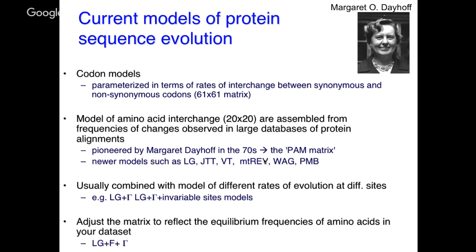And then finally, the matrix is often adjusted to the equilibrium frequencies of the amino acids of the data set. Some proteins would be rich in some amino acids, and so we can adjust the LG matrix to have a different stationary distribution by using the observed frequencies of the alignment under analysis. So that's the LG plus F plus gamma model, for example.